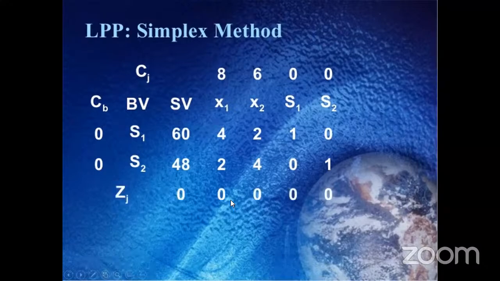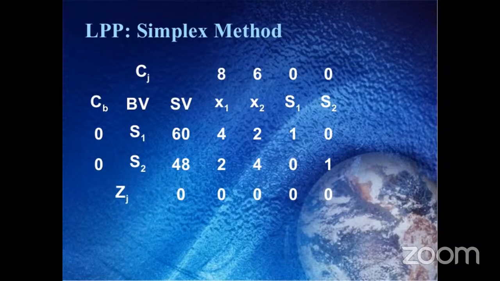In the first table, Zj is obviously 0, because the basic variables in the first table are s1, s2 only, with coefficients 0.